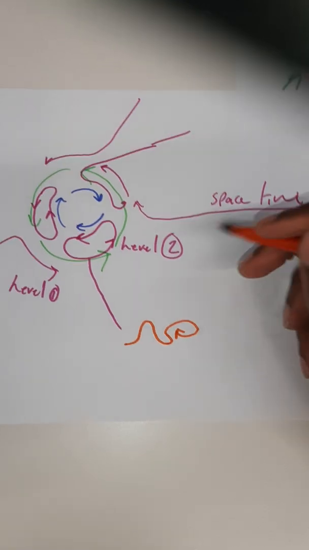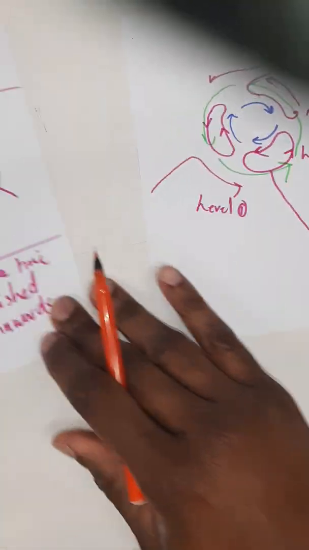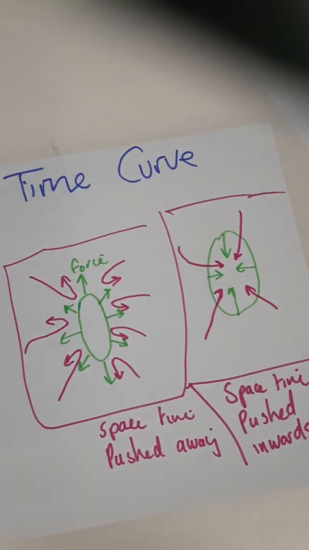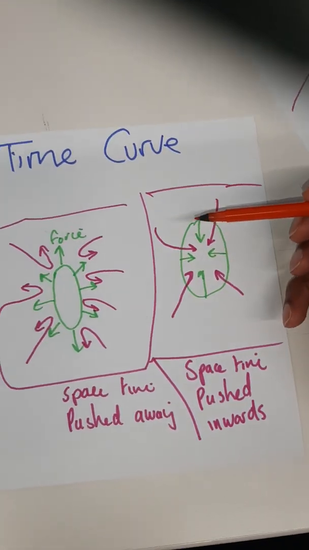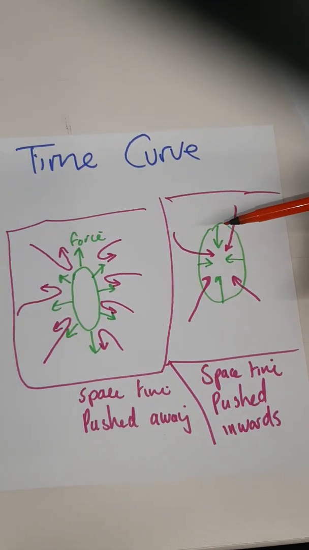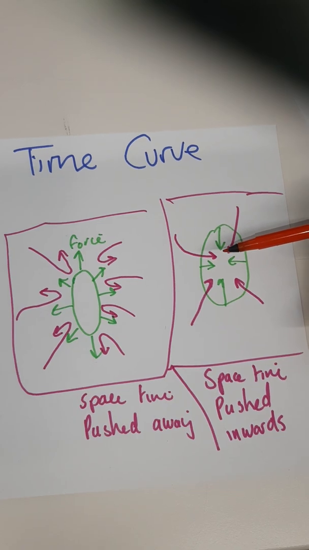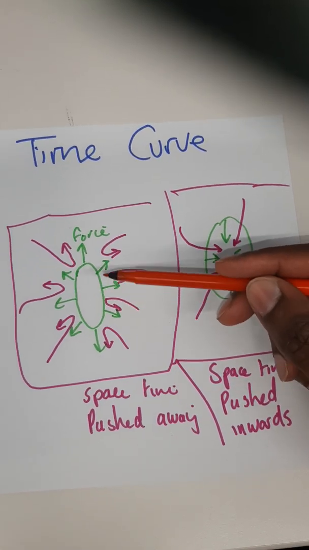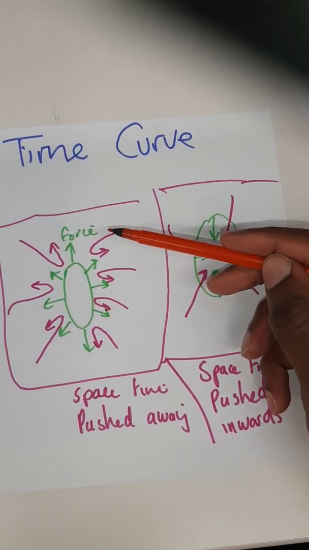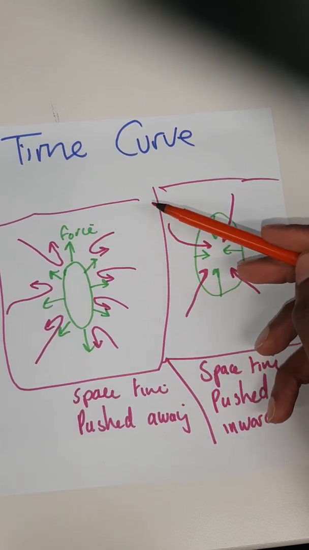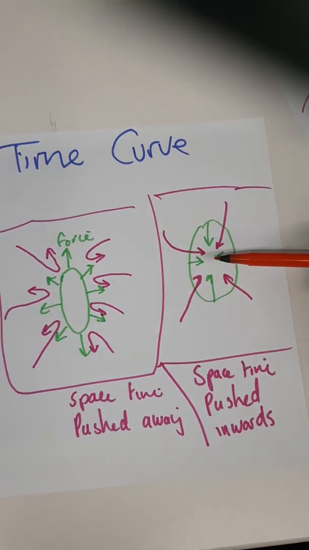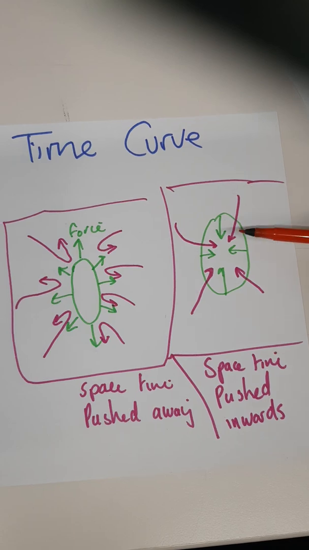That's a bit weird. I'll show you in the form. So let's imagine now we just have two metal rings. You have a force vector going inwards and a force vector going outwards. The outwards vector would affect space-time like this, pushing it outwards. The inwards vector would be acting like a vacuum and sucking it in.